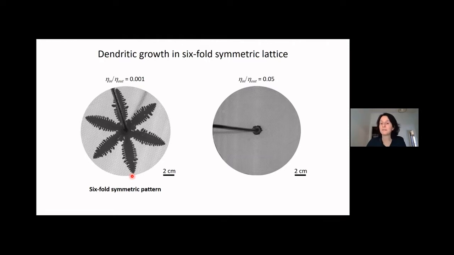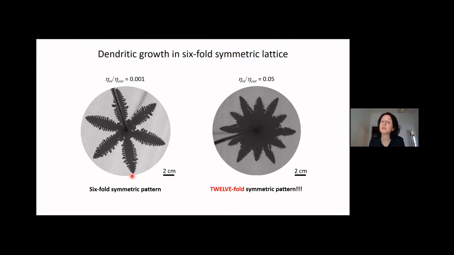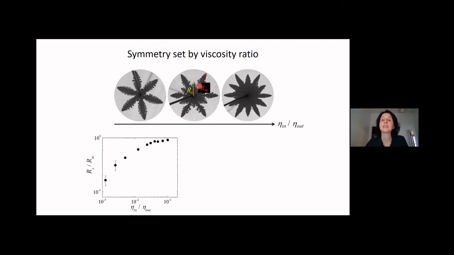Now, as we increase the viscosity ratio, though, we see that the pattern transitions towards a 12-fold symmetric pattern, even though the underlying symmetry is still 6-fold. And so this symmetry transition occurs very systematically with the viscosity ratio, where we transition from 6-fold towards 12-fold symmetry by having the growth of an additional generation of dendrites, which we call here the subdendrites, in addition to the 6 main dendrites.